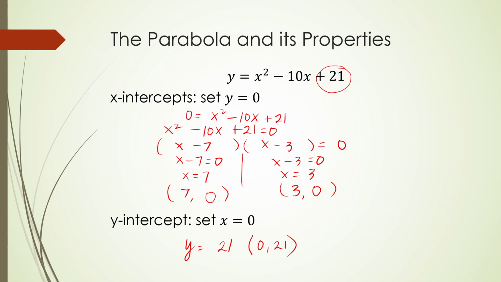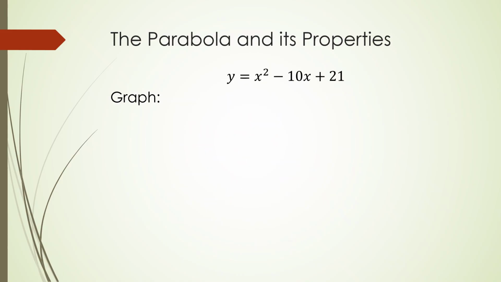Next step. Of course, you have to graph. Based on the given coordinates of the vertex and the x and y intercepts, let's have a graph. To graph this, first we have 5 and negative 4.